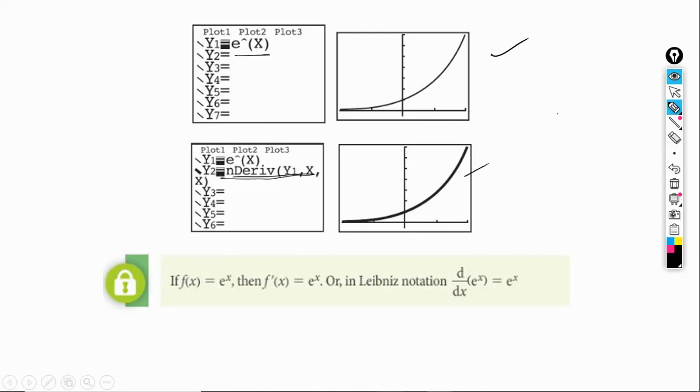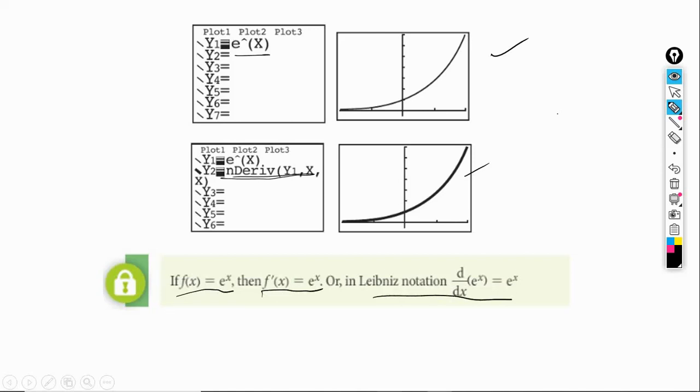That means the slope of the tangent lines to the graph is equal to the graph itself at all points. So we can conclude that if f of x is e to the power of x, then the derivative is also e to the power of x. This holds with both Leibniz's and Newton's notations.